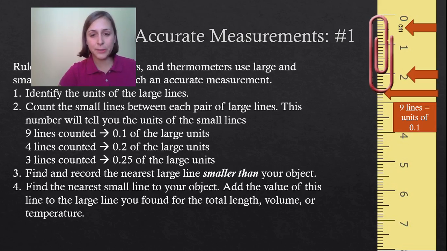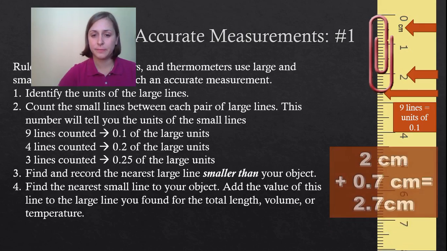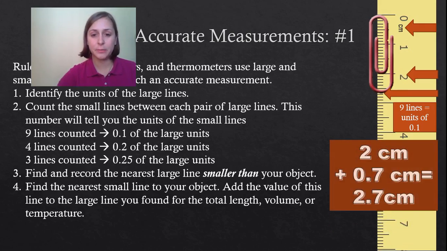So that's 0.7. If we count down from the 2, it's 0.7. Then add those up to find the total length, or if you're using a graduated cylinder, the total volume, a thermometer, the total temperature. So we have 2 centimeters plus 0.7 centimeters, and the paper clip is 2.7 centimeters long.